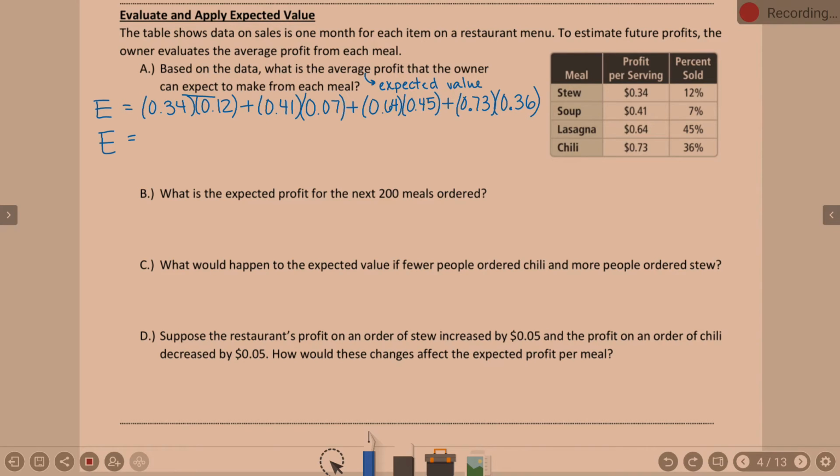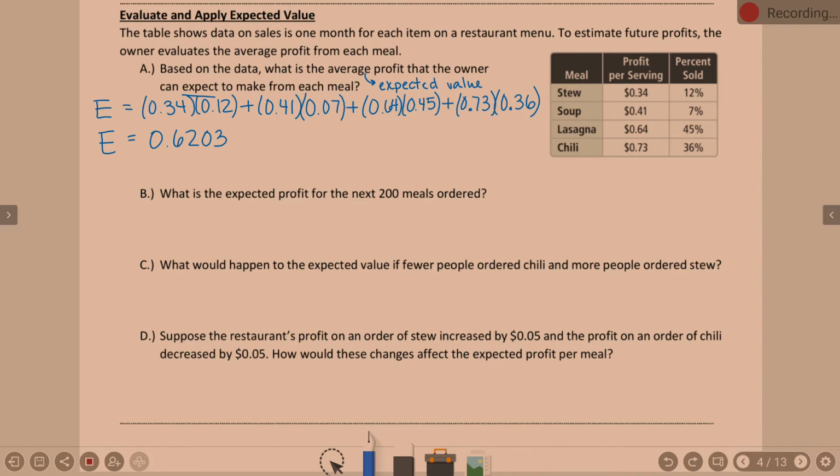Did we try it? Did we get something? 0.6203. Yes. If you've hit all the right buttons, you got 0.6203, yes?